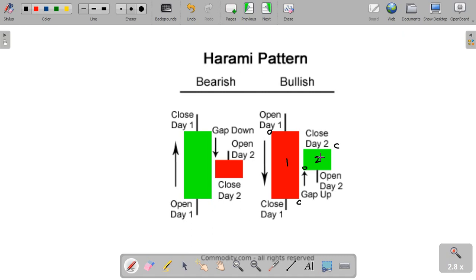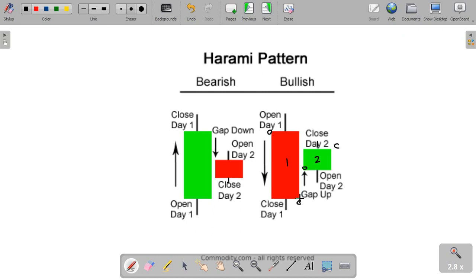Friends, as I said in the beginning, the second candle is more important than the first candle. Fine. There may be wicks in both the candles, there is no issue on that. There may be a wick or may not be a wick, but everything is inside candle 1. Now what happens here is, there is a gap up opening here, and the closing is below the opening of the first candle.